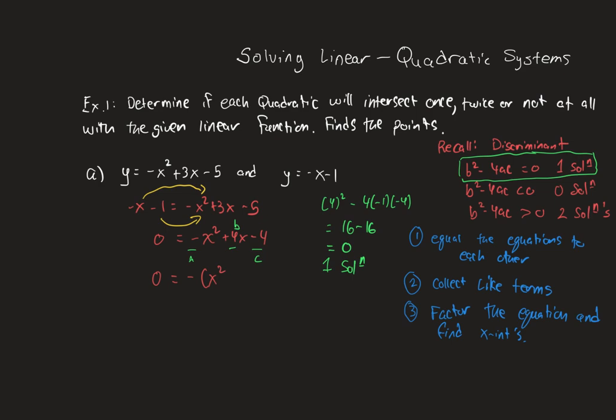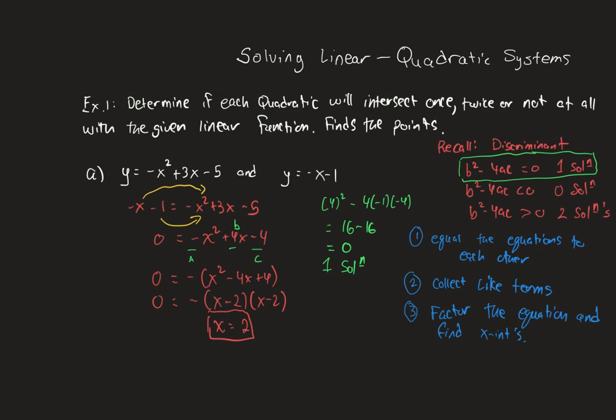So x squared minus 4x plus 4. And I can factor this further into x minus 2, x minus 2. Because if you multiply those together, you're going to get what we started with. So therefore, x is equal to 2. That's one solution.